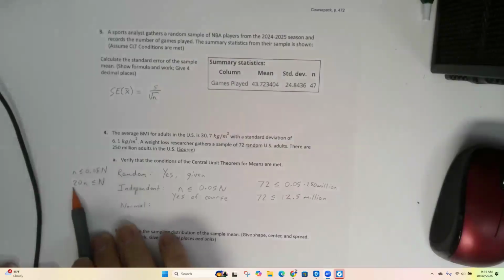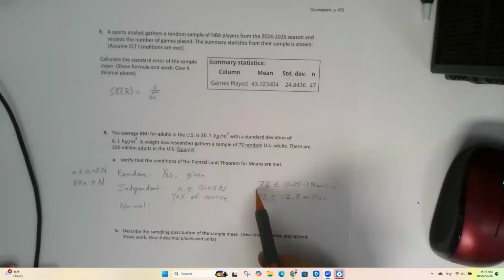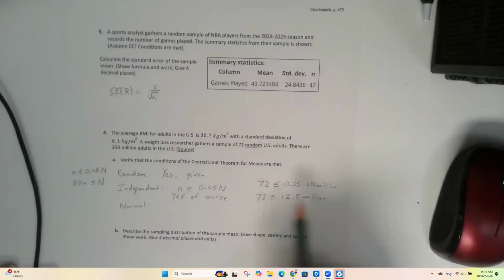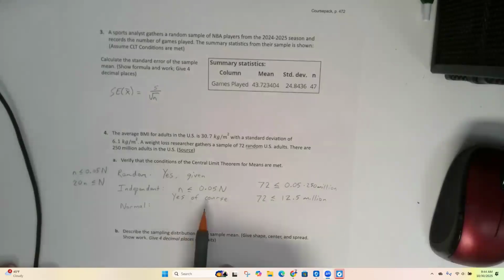Sometimes it's easier to do 20 times n. If we did 20 times 72, we would have gotten 1,440. That might have been easier than doing 5% of 250 million. It's up to you. Basically, they're the same formula because all you do is multiply both sides by 20, and 5% of 20 is 1. Okay, that looks good.